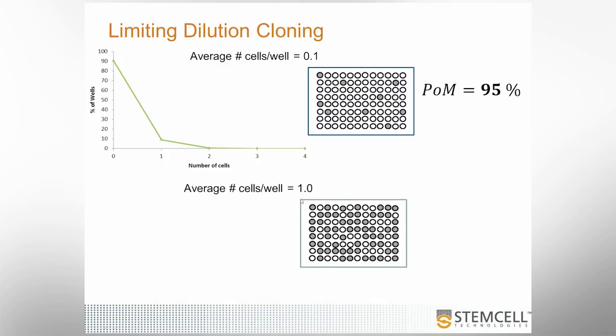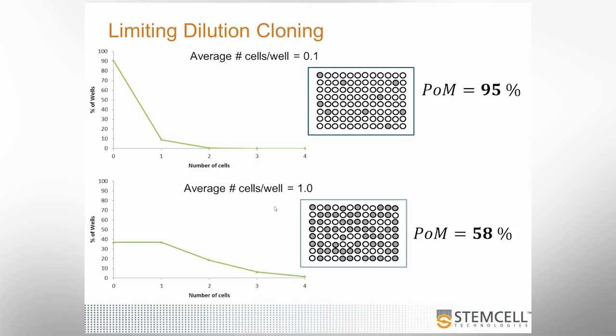So if you use a higher seeding density, like an average of one cell per well, you have a lot fewer empty wells on the plate, but the probability of monoclonality is significantly lower, only about 58% for this case. And you can see that the expected number of wells that contain one cell is significantly higher than with the lower seeding density.